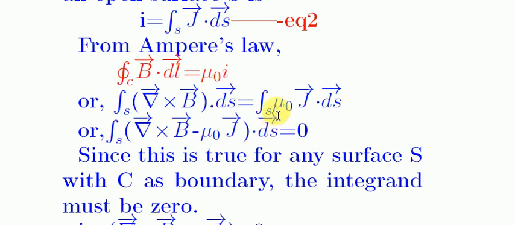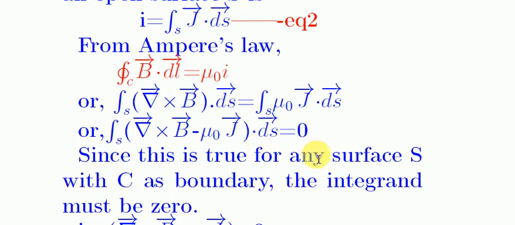If we now take the right hand side to the left hand side in the next step, then we can easily write that open surface integral of del cross B minus mu 0 times J dot ds equal to 0.